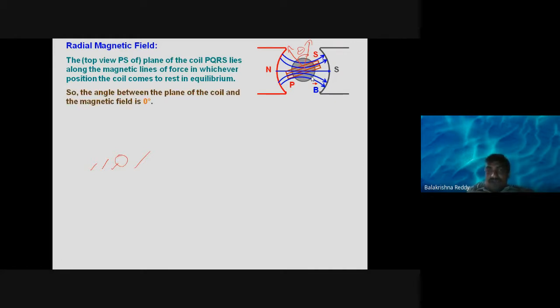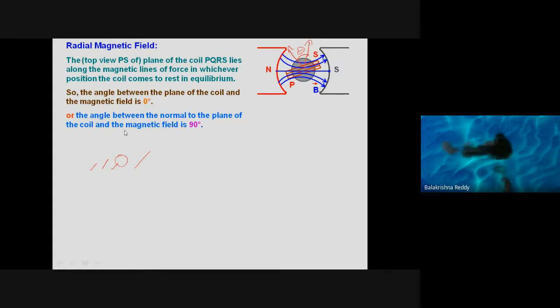So this all depends on the angle between the initial position and final position. We also call it the figure of merit. How much it has moved, how much it has deflected, is called the figure of merit. That you will clearly understand in practical. The angle between the normal to the plane of the coil and the magnetic field is 90 degrees.